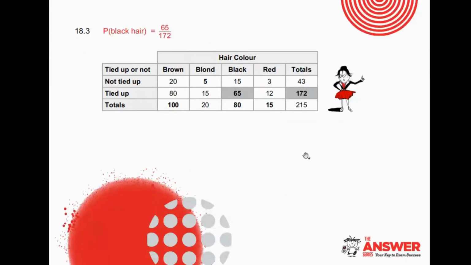But for those whose hair is tied up, in other words, my sample space, the bottom of my fraction, is 172. How many have black hair? It's 65 over 172. So watch out for different sample spaces.